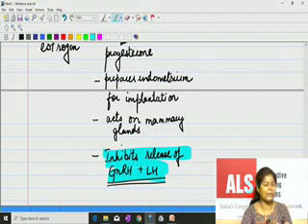In the next chapter when we talk about contraception, you will see there are progesterone pills also available. These progesterone pills act in a similar way.